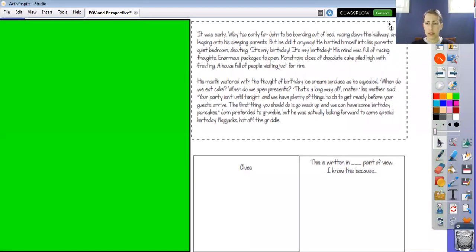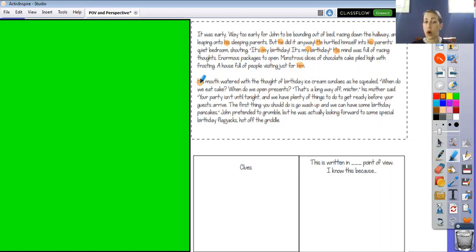It was early, way too early for John to be bounding out of bed, racing down the hallway and leaping onto his sleeping parents. But he did it anyway. He hurtled himself into his parents' quiet bedroom shouting, it's my birthday, it's my birthday. His mind was full of racing thoughts. Enormous packages to open, monstrous slices of chocolate cake piled high with frosting, a house full of people visiting just for him.